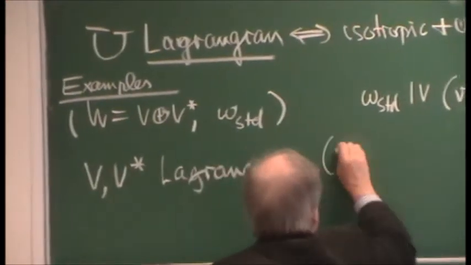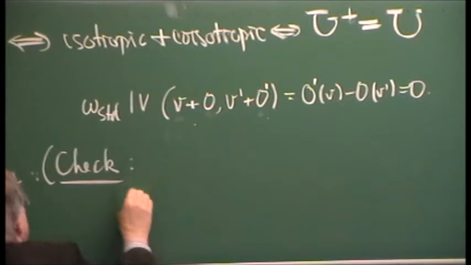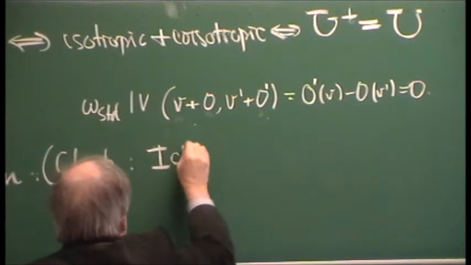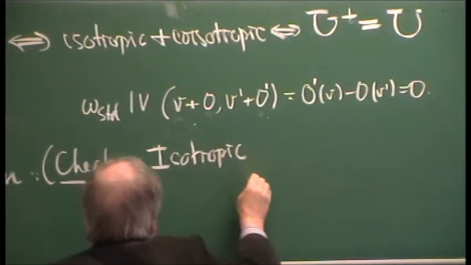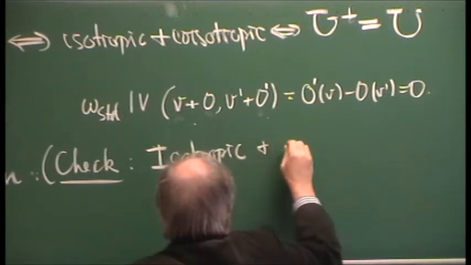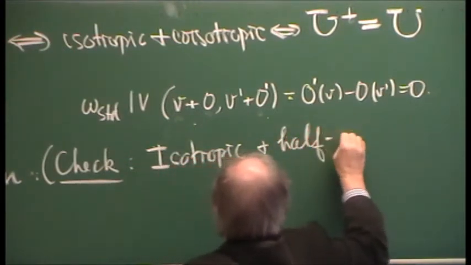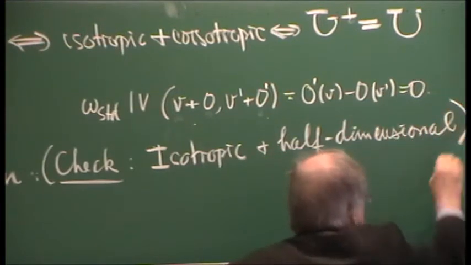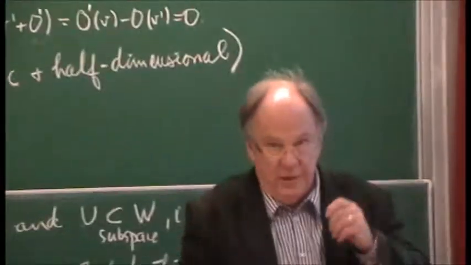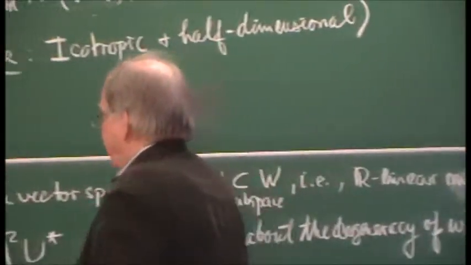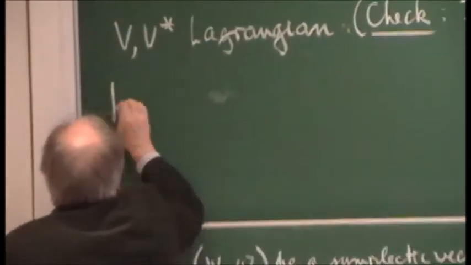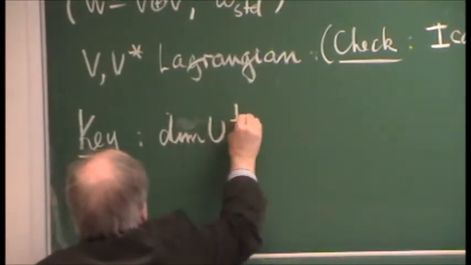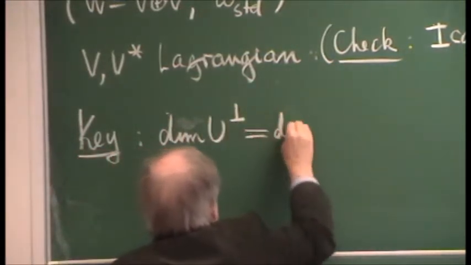So the way I like to check it is that the space is isotropic, but half dimensional. It's the same thing, because keep in mind that to check any of these things, a key fact is that the dimension of any orthogonal complement is simply the codimension.